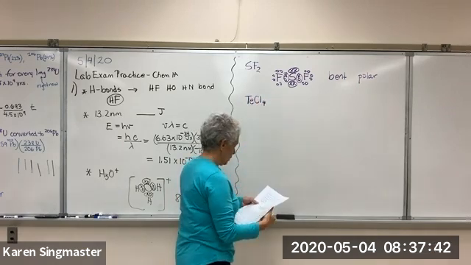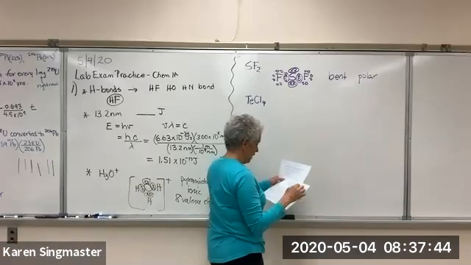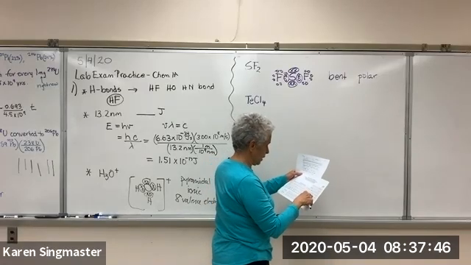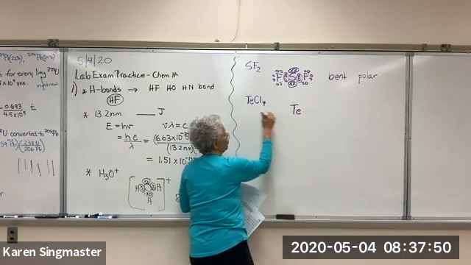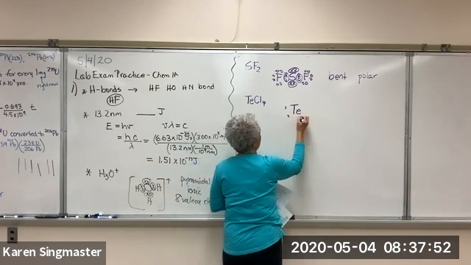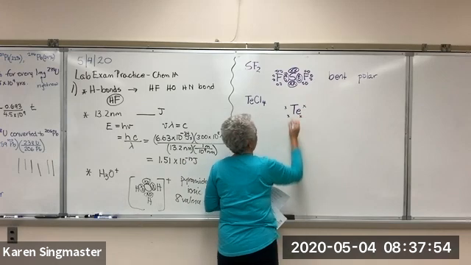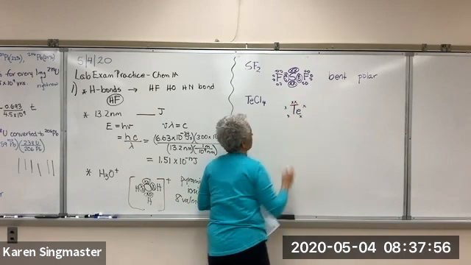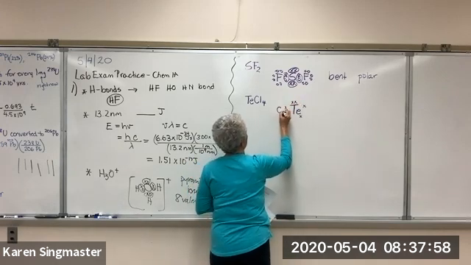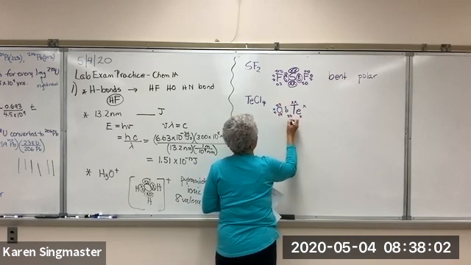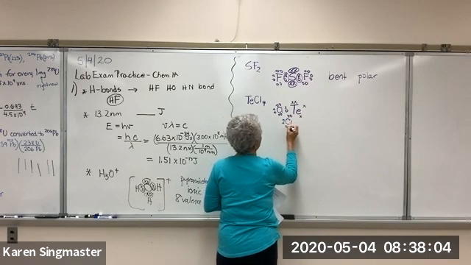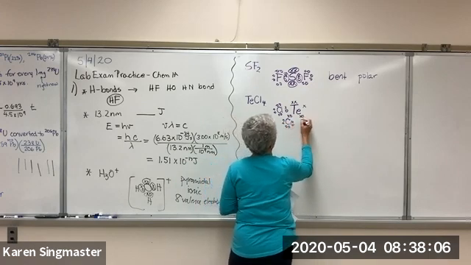TeCl4. So TeCl4. Te is under family 6 also. But chlorine's looking for 1, so I better leave 4 of them open. So there's 4, 5, 6. And a 0 here for chlorine, and I give it its other 6 electrons.